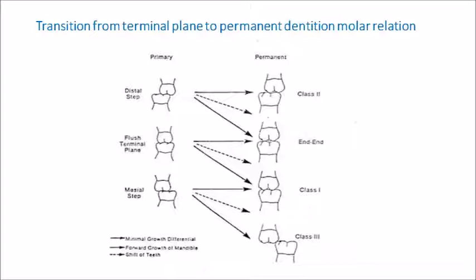It can be either a class 2 relationship or an end-to-end relationship. And a flush terminal plane can result in an end-to-end relationship or a class 1 relationship if there is a forward growth of the mandible and there is a shift in the teeth. And mesial step can end up in a class 1 in most cases with minimal growth differential. But if there is a forward growth of the mandible, this mesial step can end up in a class 3 molar relationship.